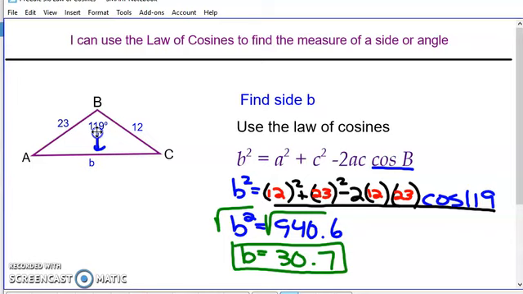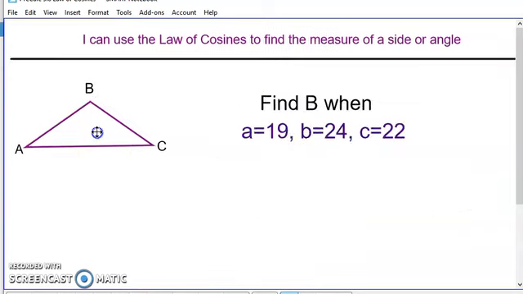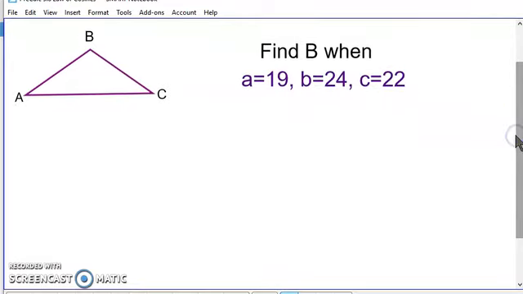All right, now we're going to find a missing angle. So we're going to find angle B. This is a little bit harder just because of the order that we have to solve it in.